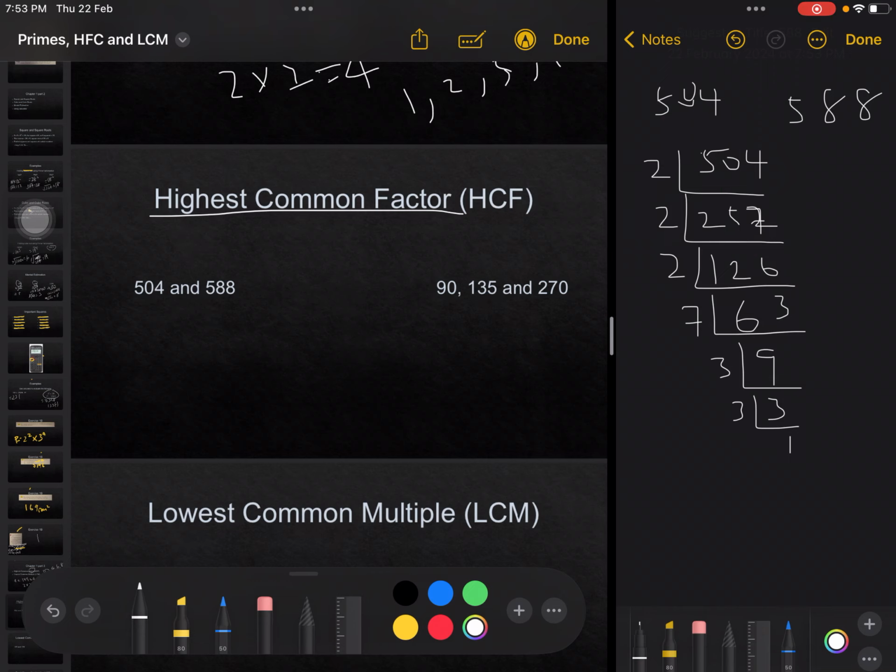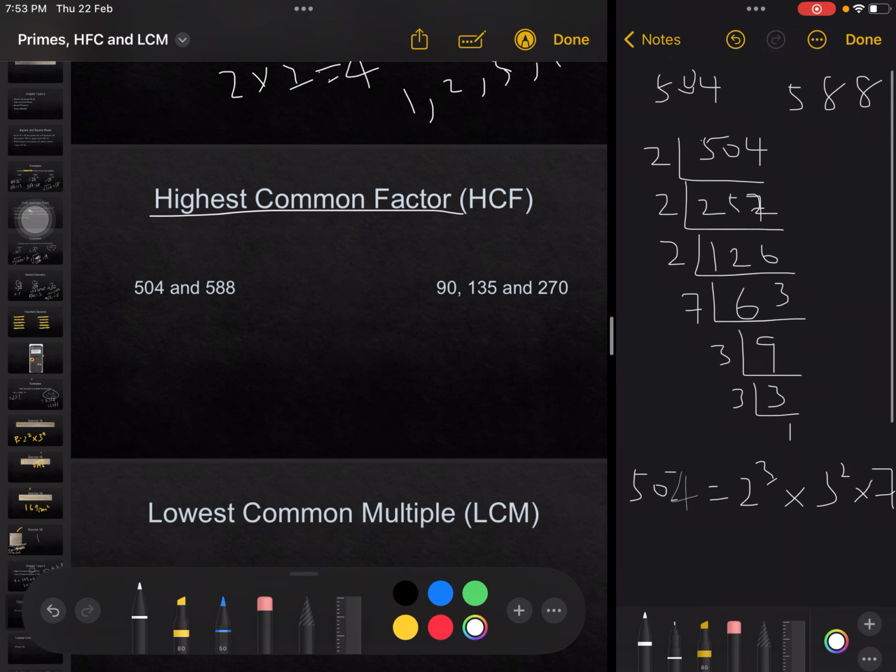So we will write 504 in its prime factors. How many 2s? So 3 twos, so 2 to the power of 3 times 3 to the power of 2 times 7. So that's for 504.